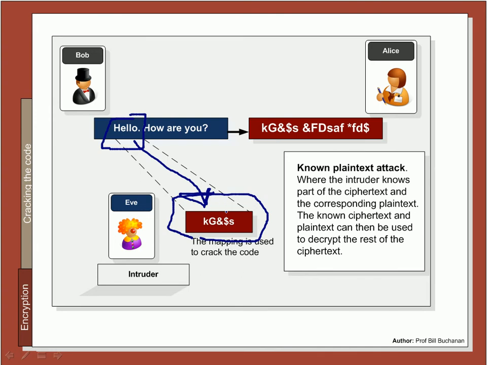She can then replay that back to Alice, and Alice would think that it possibly came from Bob, because it was actually encrypted. And if there's a mapping between a certain word and the ciphertext, it may be possible to actually find out what the key is.